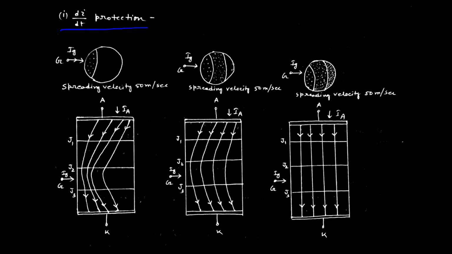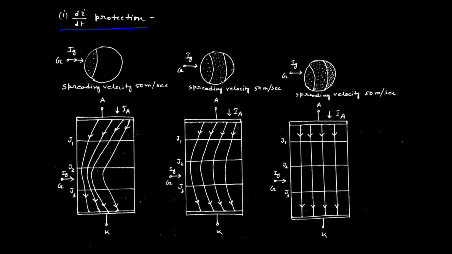Now if a problem arises with the rate of change of anode current, defined by di/dt, that means the rate of change of anode current with respect to time, and this rate is high enough compared to the normal spreading velocity, which is normally 50 meters per second, then a local hot spot can arise.